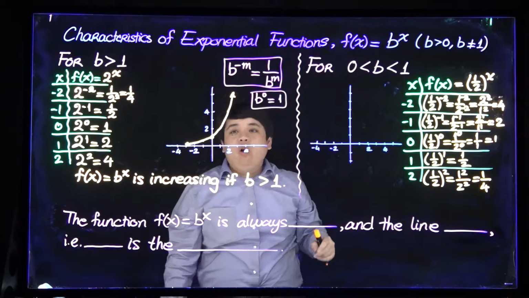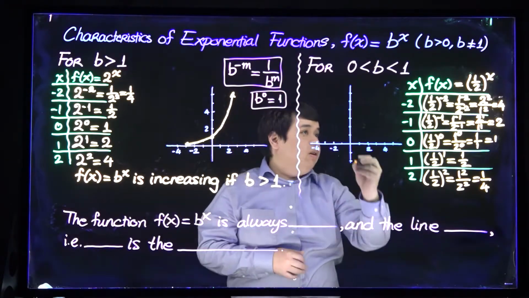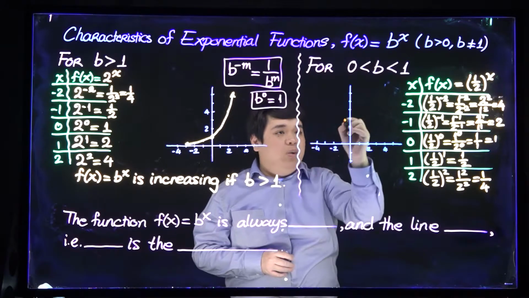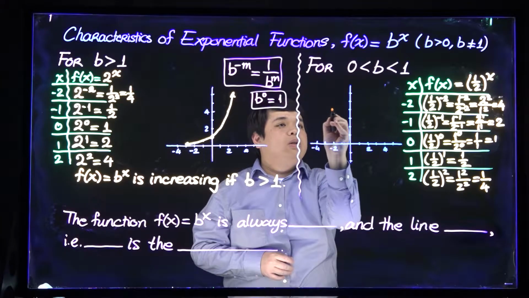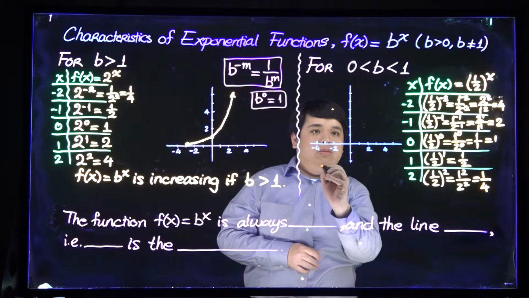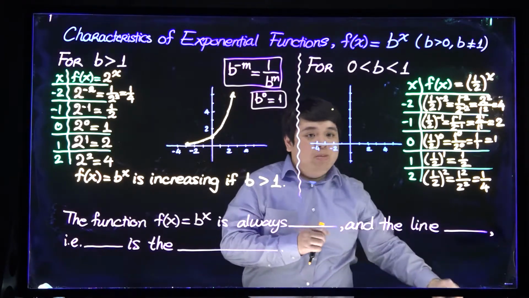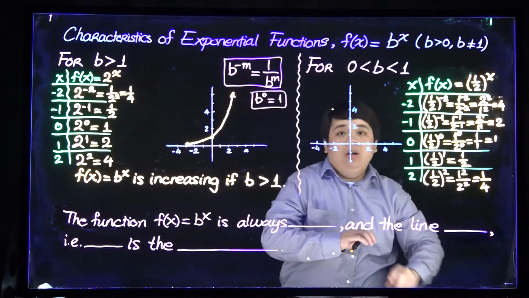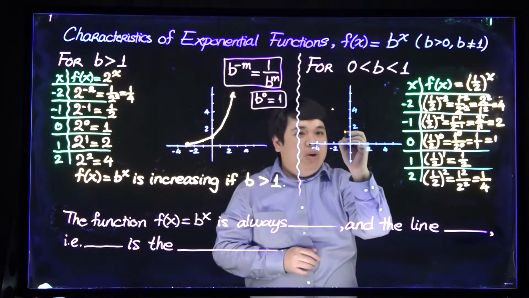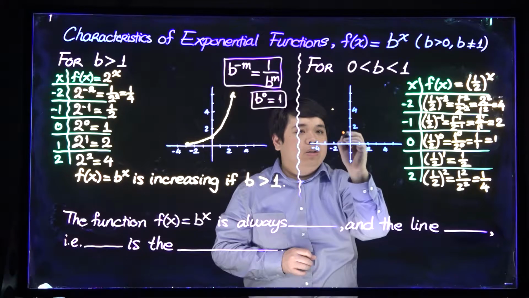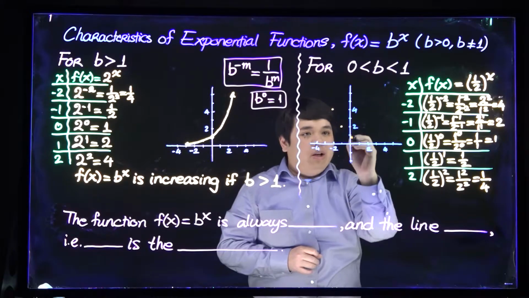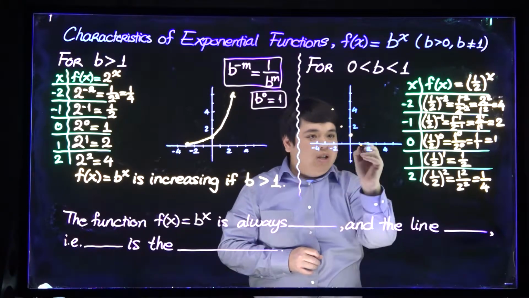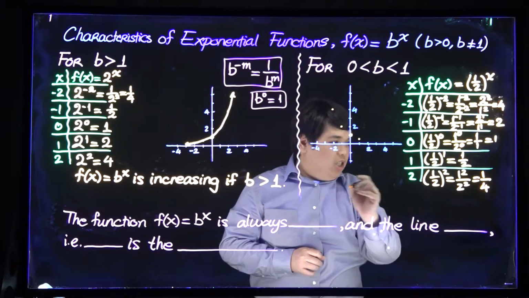All right, and we put all of these points on the graph. At -2, we have 4. Label them. At -1, we have 2. At 0, 1; at 1, 1/2; and at 2, 1/4.